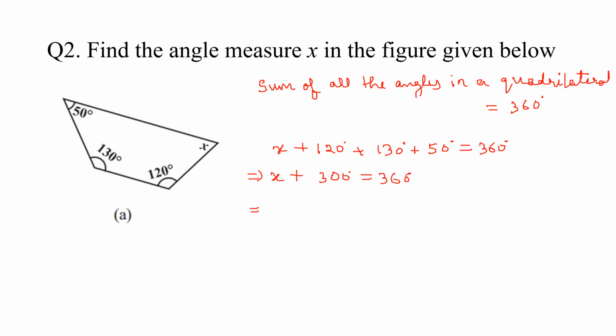So the value of x will be 360 degree minus 300 degree, and you will get the value of x as 60 degree. Clear? This was the easy question.